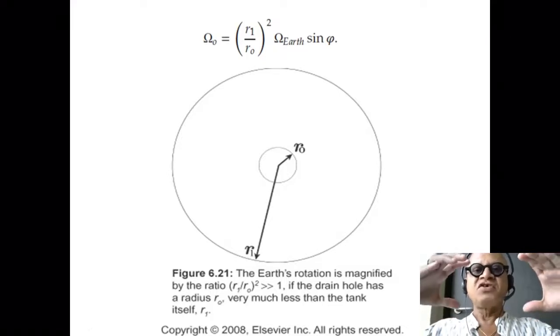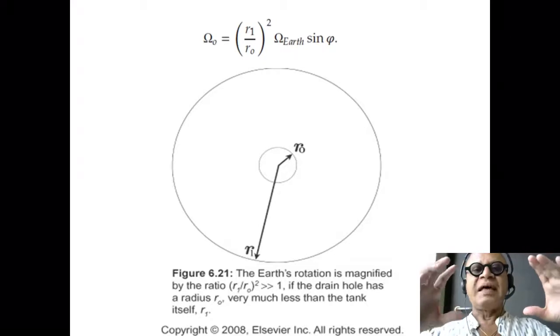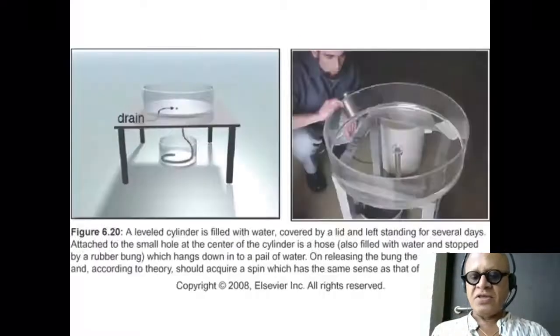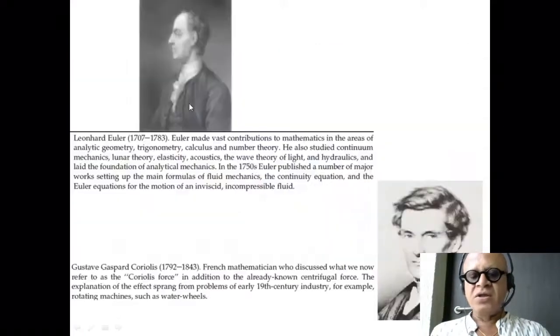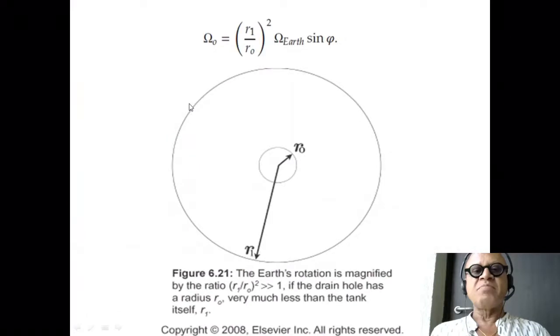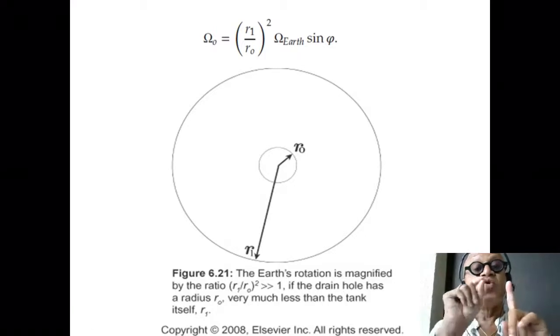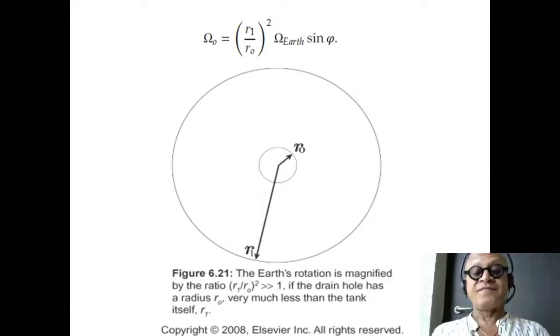So the sphere also has this amplification effect created by moving towards the poles and reducing the R, the local distance from the axis of rotation, which we saw before, right?